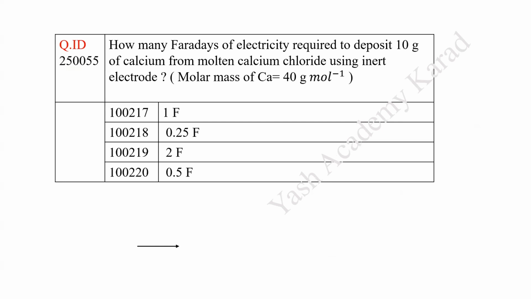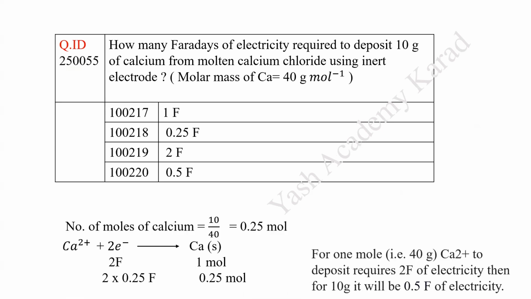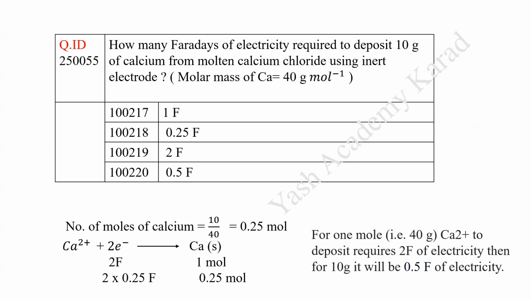Molar mass of calcium is 40 gram per mole. So here the calculation: for 1 mole, that is 40 gram, to deposit requires 2 Faraday of electricity. Then for 10 gram it will be 0.5 Faraday of electricity. So the correct answer is a, 0.5 Faraday.